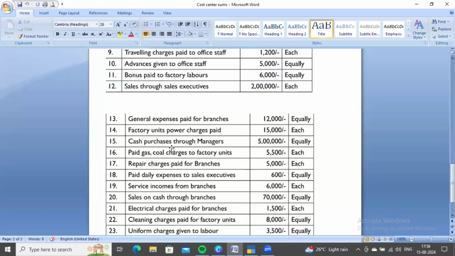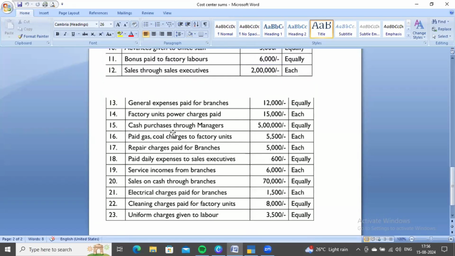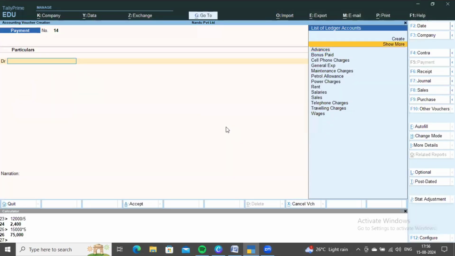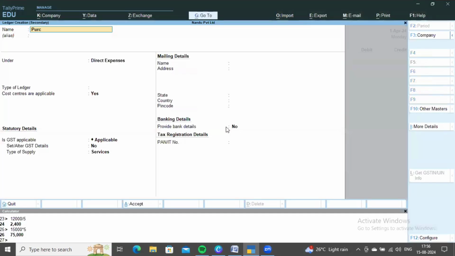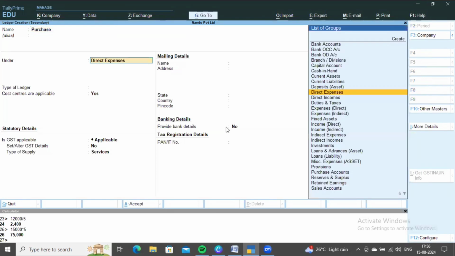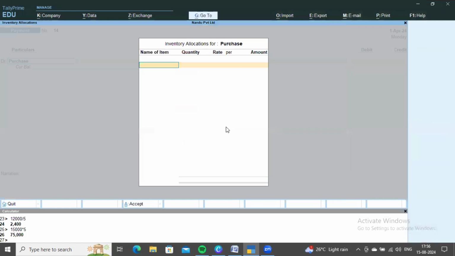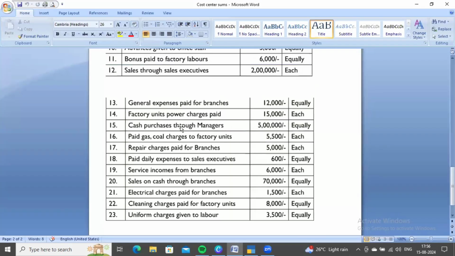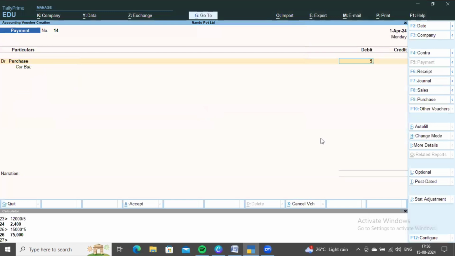Next, cash purchases through managers. Here you are purchasing, which means it is a payment, right? You are purchasing through the managers category. And you need to create a purchase ledger account that comes under purchase accounts. The total amount is 5 lakhs.